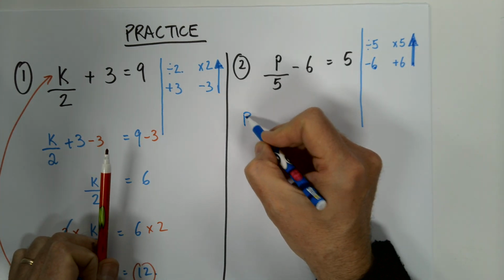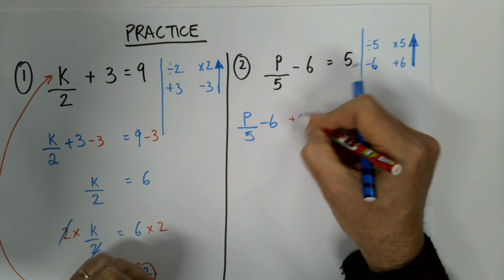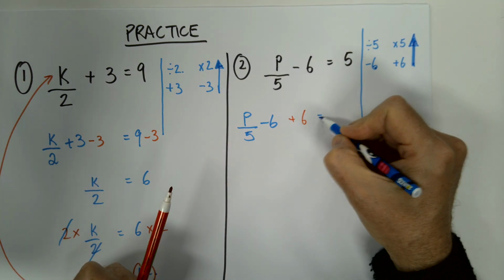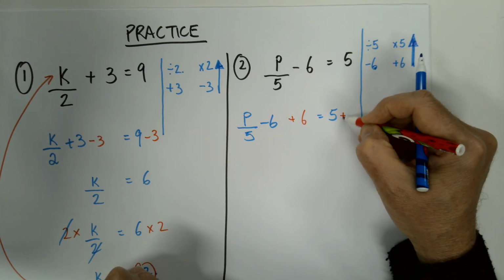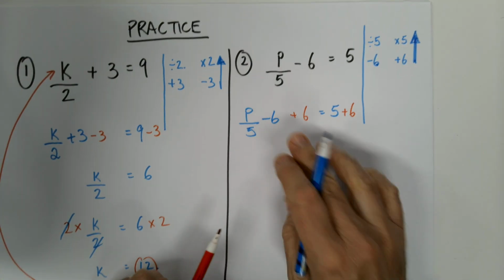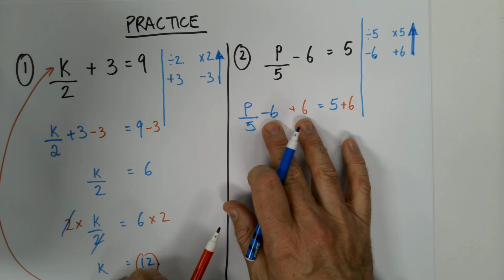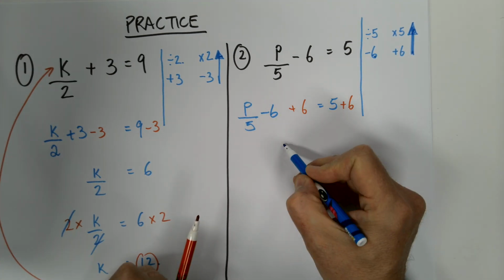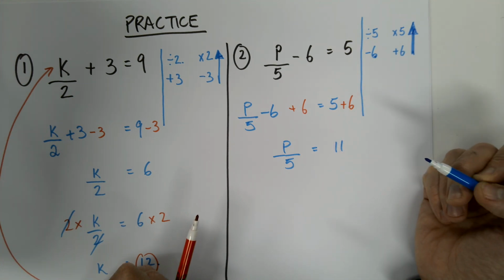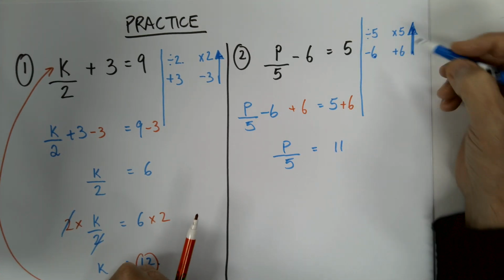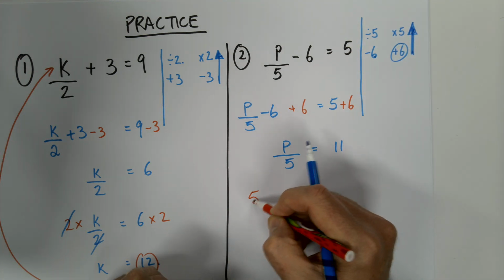I've got p over 5 minus 6 plus 6. I'm kind of squeezing it in there. Then I've got 5 plus 6. Okay, so if I'm subtracting 6, then adding 6, I'm back to 0. So that's nothing there. So I've got p over 5 equals 11. Excellent. Now what do I do? Done that one? I multiply by 5.